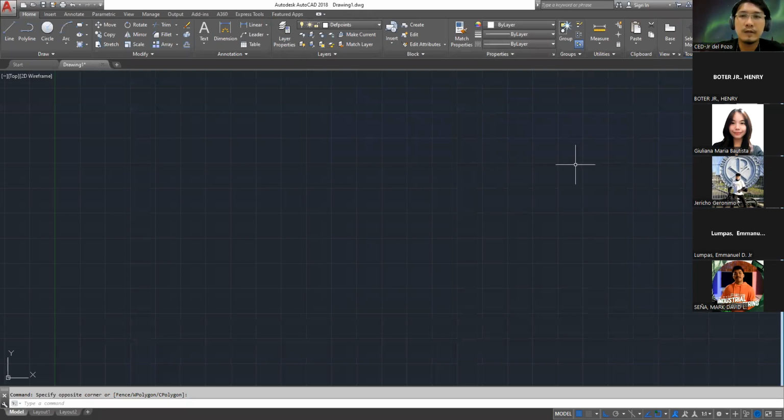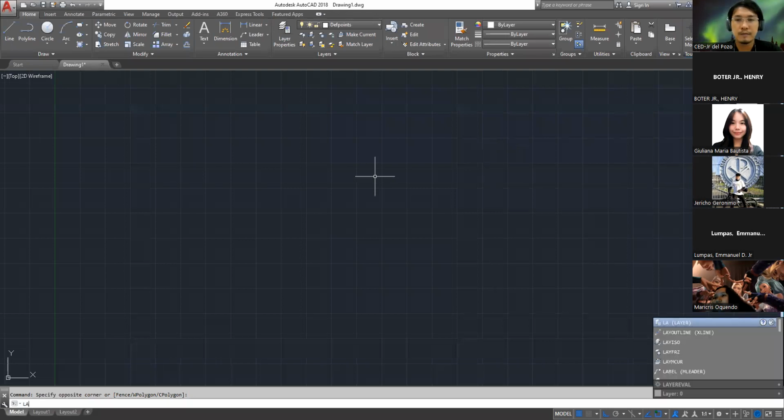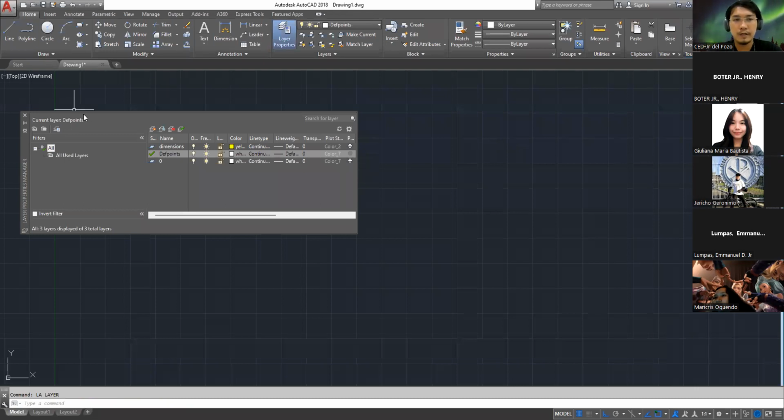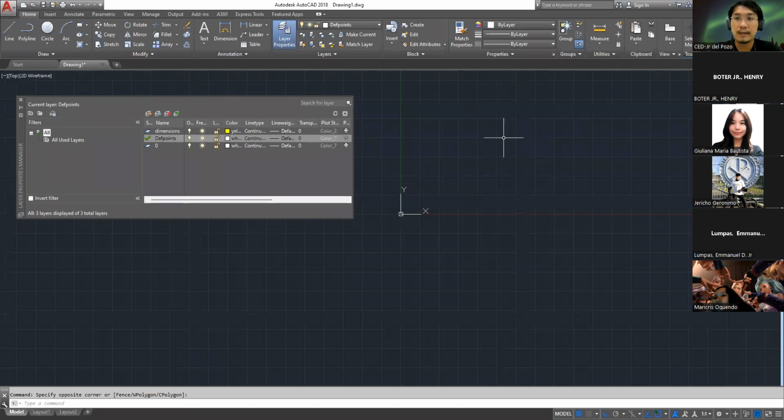Okay, now for our discussion for today, we'll discuss the layer. Okay, so we have LA. Ang shortcut natin for layer is LA. Ang gagawin pala natin ngayon is what we call the floor plan or yung plano ng bahay.